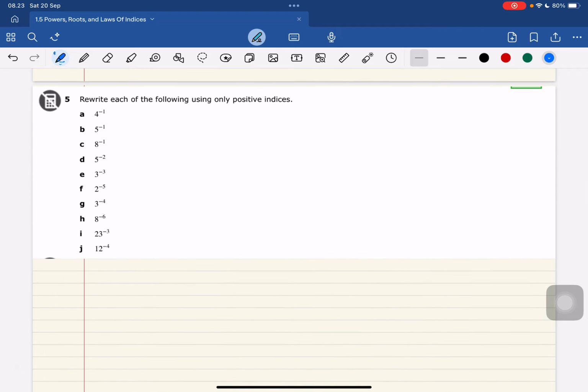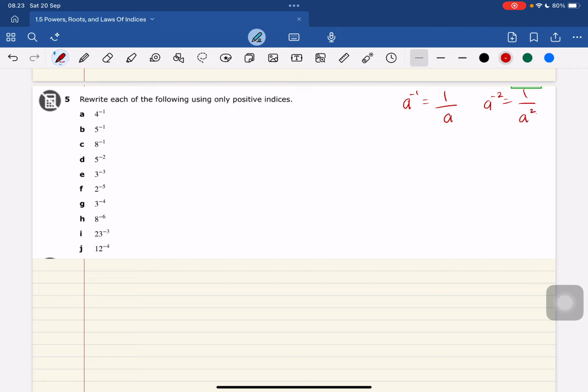Now, number 5, we just need to rewrite using only positive indices. This is a formula if you forgot. a power of minus 1 is going to be 1 over a. a power of minus 2 is going to be 1 over a power of 2.